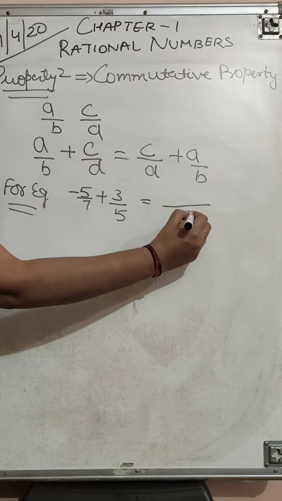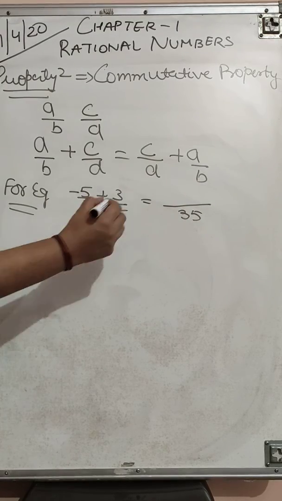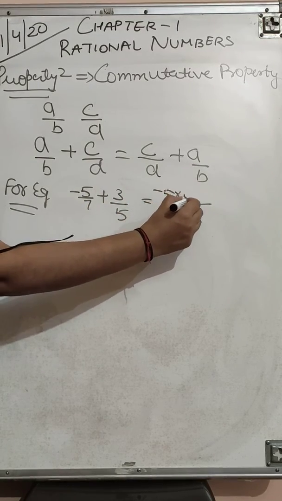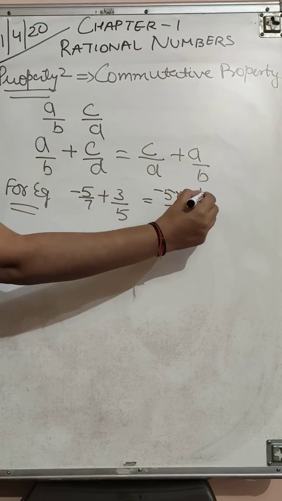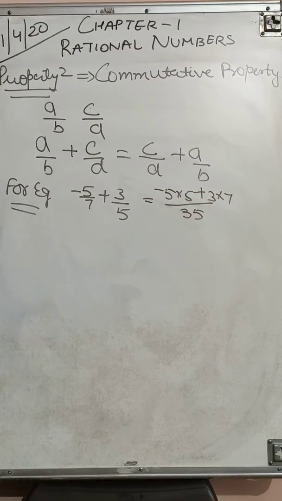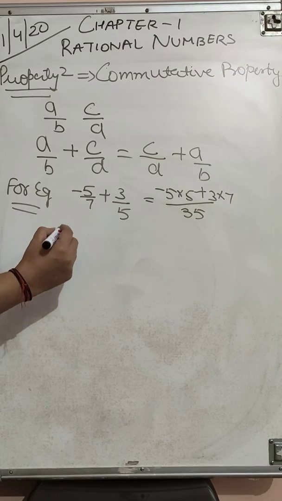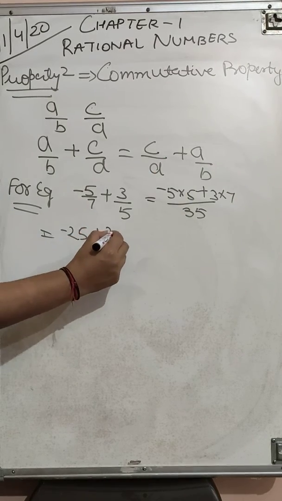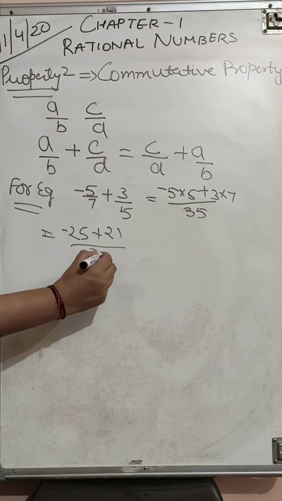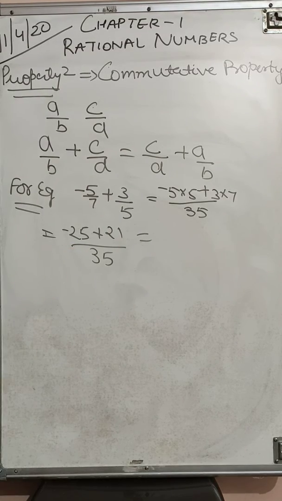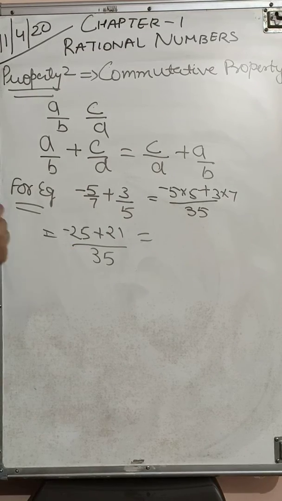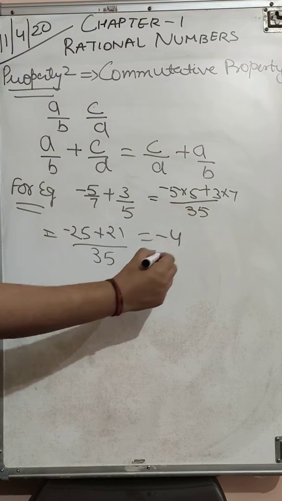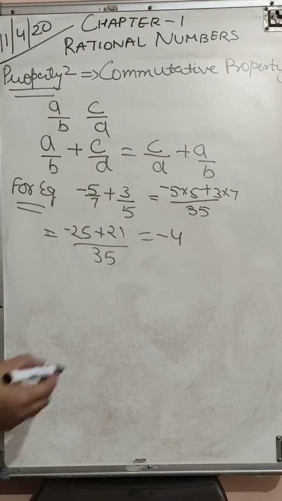LCM will be 35. Now minus 5 into 5 plus 3 into 7. 5 into 5 will be minus 25 plus 3 into 7 will be 21 upon 35. The answer will be how much? Minus 4 upon 35.